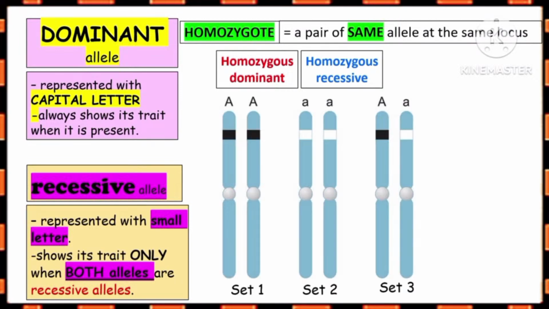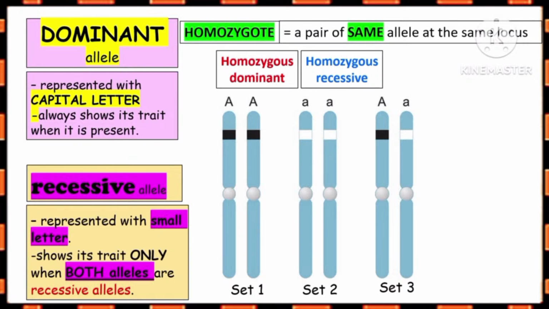So look at these three sets of chromosomes. The first set, set 1, consists of 2 capital A. Second set, set 2, consists of 2 small a. And the last set, set 3, consists of 1 capital A and 1 small a. So which one refers to homozygous dominant? Check the meaning. Homozygous should be a pair of the same allele. So this one is the same allele, capital A and capital A, for set number 1.